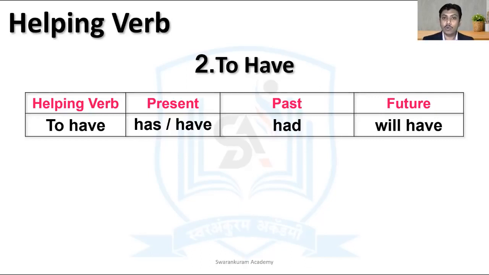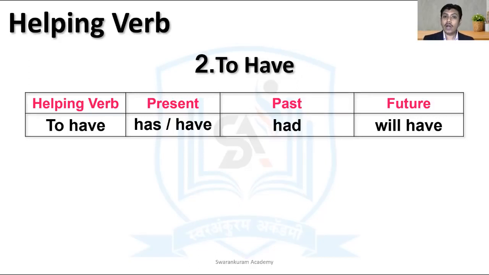Whenever a subject is a plural noun or pronouns like I, you, we, they, we will use have. This rule is applicable in simple present only. Singular subject, he, she, it, we will use has. Plural subject, I, you, we, they, we will use have. Simple rule to understand. I is an exception. Even though it is singular, we will use have with it.